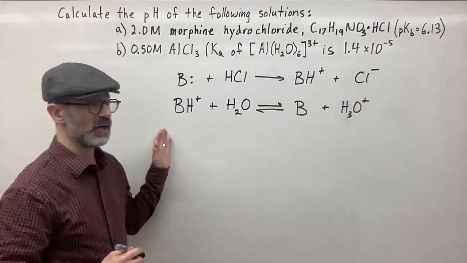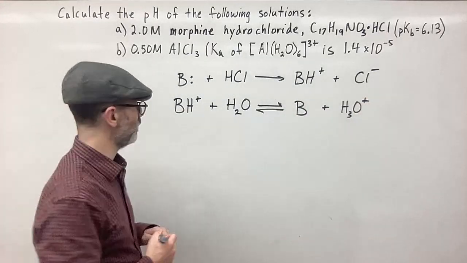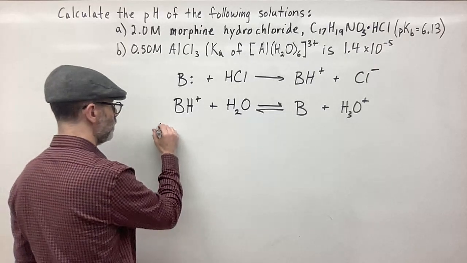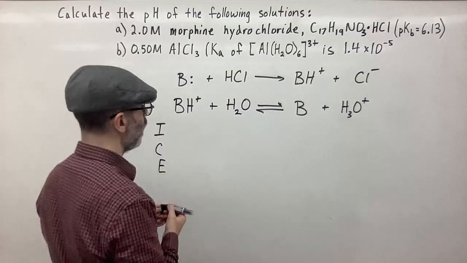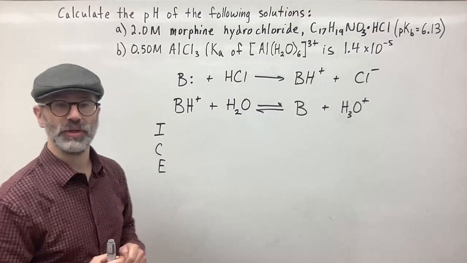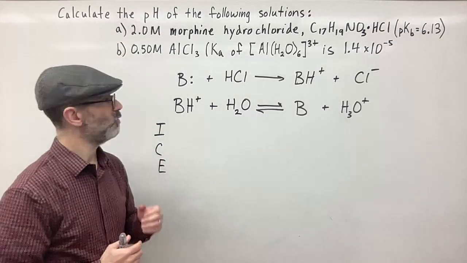And so we can then do an ICE table with this equation here. But the first thing we're going to have to do is we need the Ka value, right?